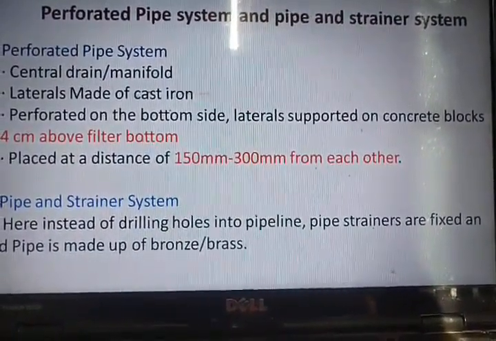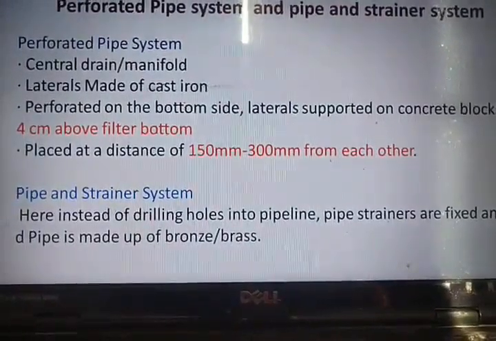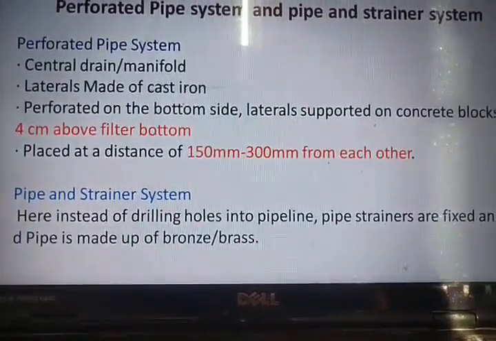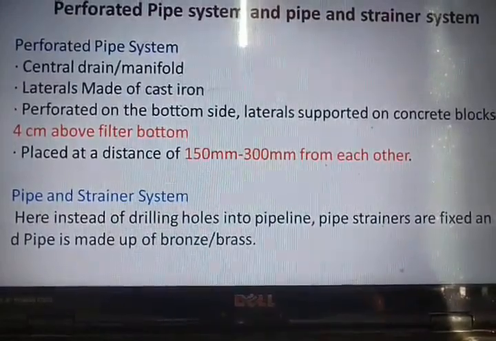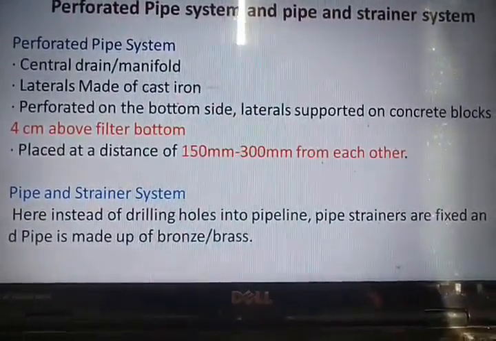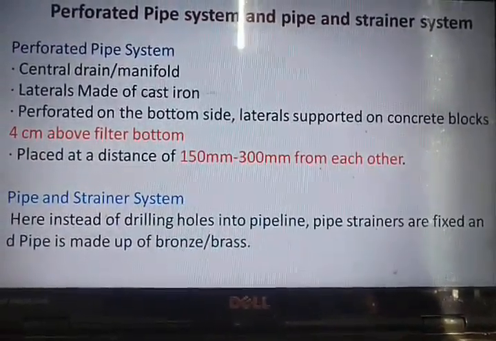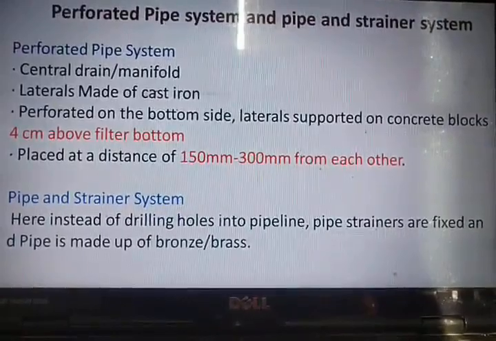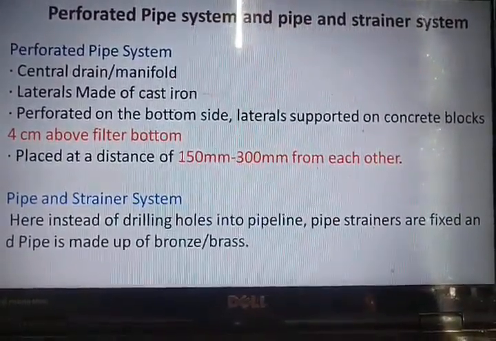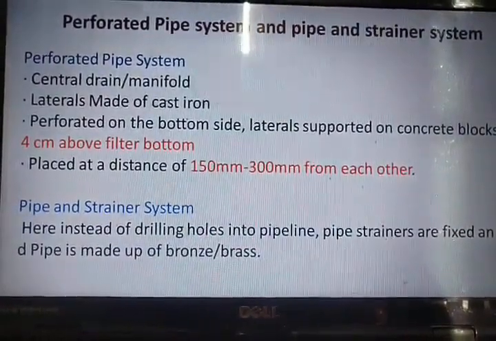Then laterals are supported on the concrete blocks, okay, 4 cm above the filter bottom, which are placed at a distance of 150 mm to 300 mm from each other, that is these lateral drains. Okay, and there will be only one central manifold drain to which the laterals are connected on both the sides beneath the layer of the filter system.